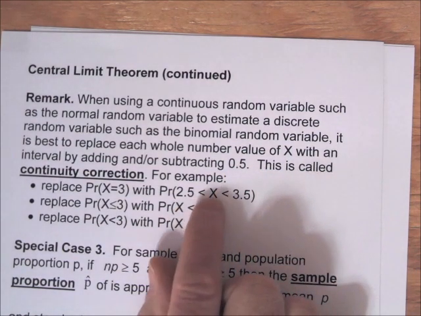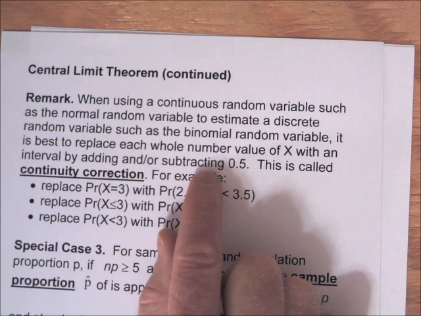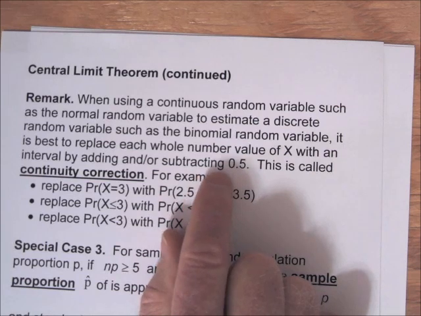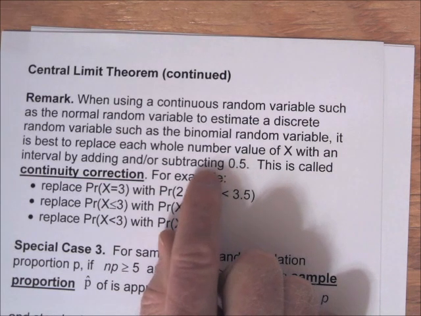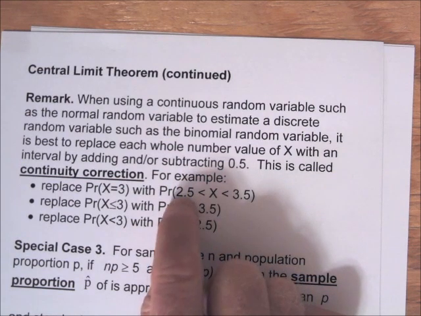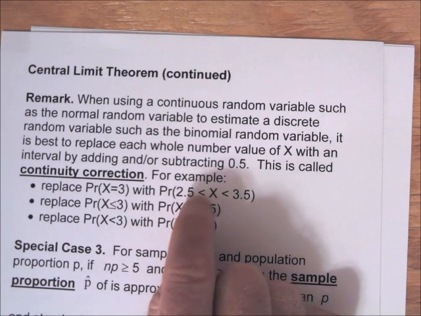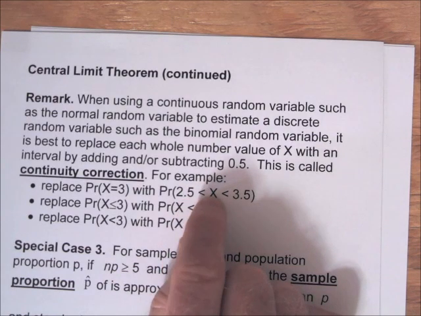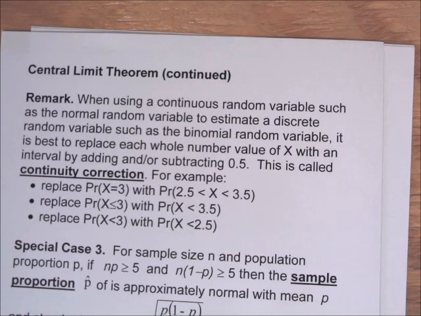If the sample is large and you have a large interval, then the continuity correction is not so important, and in those cases it's not always done.